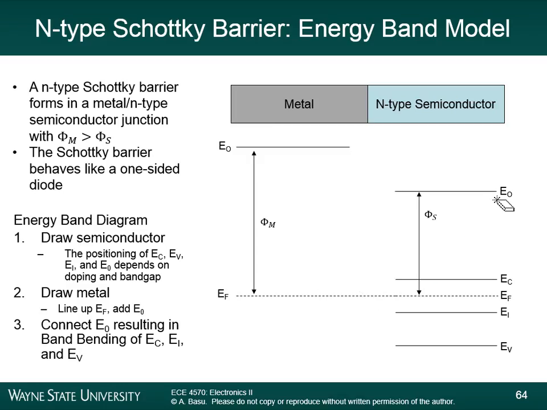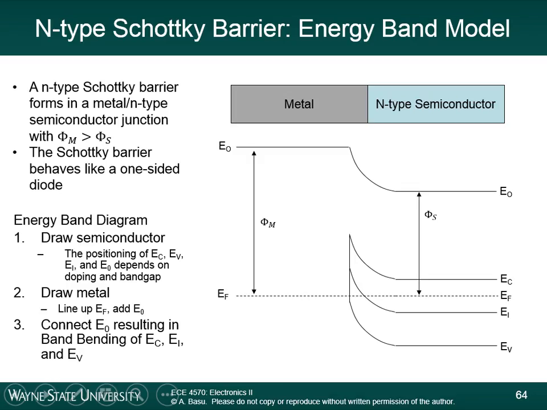Again, you line up the Fermi levels and draw a connection between the two E0s. Next, if E0 has a bend in it, so does EC, so does EI, and so does EV. The spacing between these lines stays constant; you can think of them all as parallel lines. Whatever bending you have in E0 is the same bending you have in all these other bands.